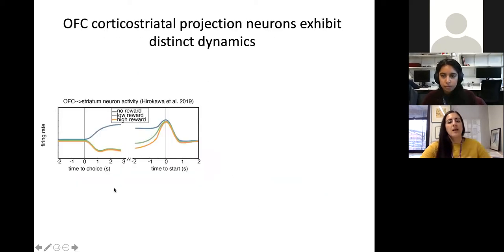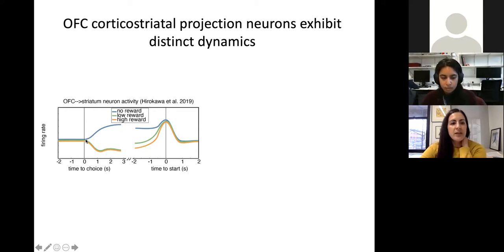Okay, so we were intrigued about which subpopulation of OFC neurons might mediate this particular effect. Around the time that we were doing this work, this paper from Adam Kepecs's group by Hirokawa et al. came out. It was pretty exciting because they optogenetically tagged OFC neurons that projected to the ventral striatum and found that they exhibited a particular pattern of conditional responses.